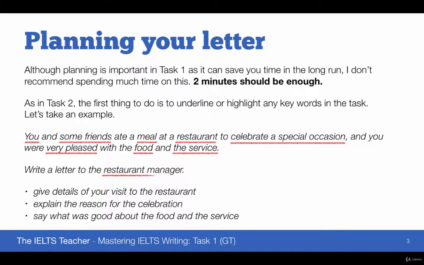But also the restaurant manager, and details of your visit, explain the reason, what was good about the food, and, for some reason I've underlined this in strange order, but also service, what was good, and celebration. So explain the reason for the celebration, what was good about the food and the service. All of those things are important to underline, because if you miss any of these details out, if you miss any of these elements, you do risk losing marks for task achievement.